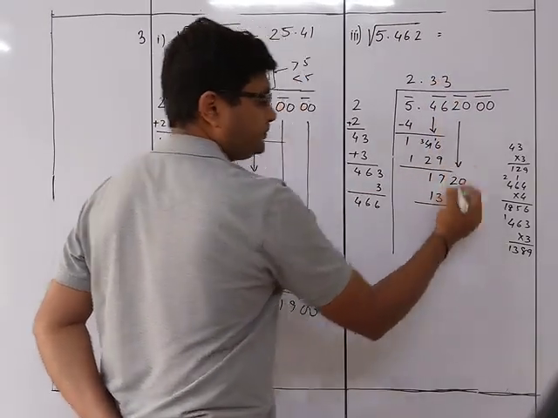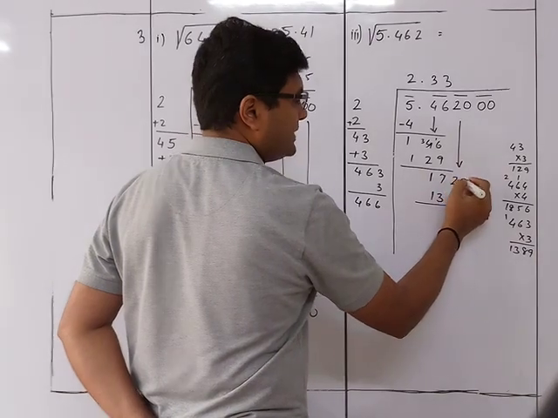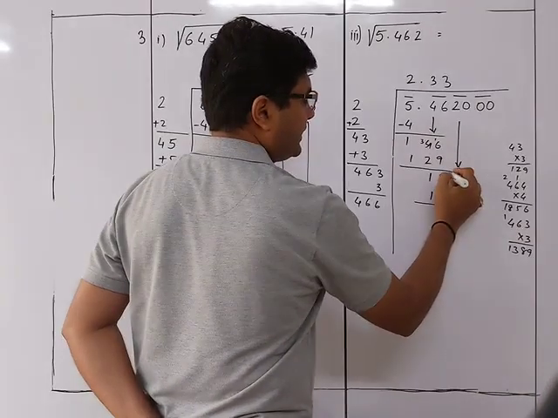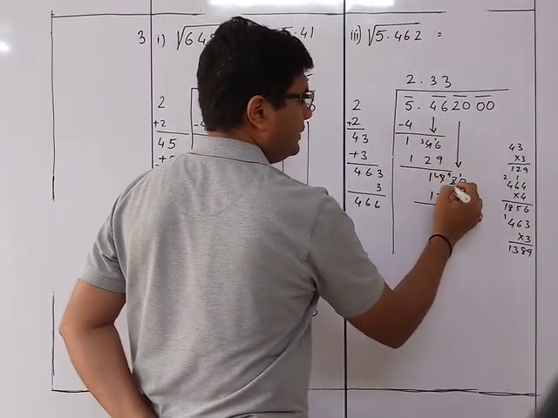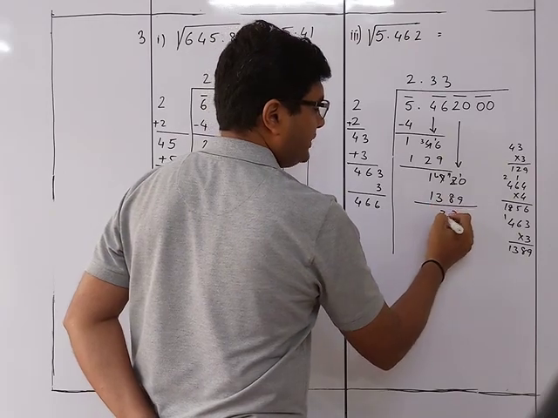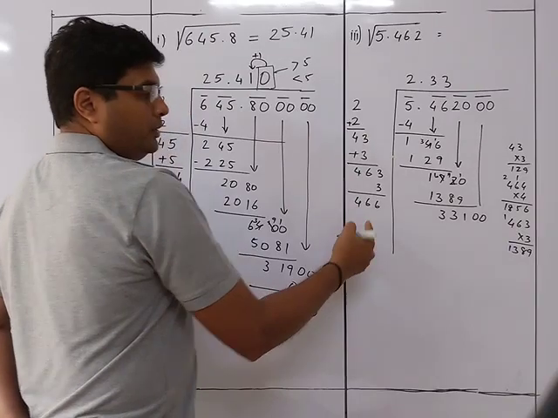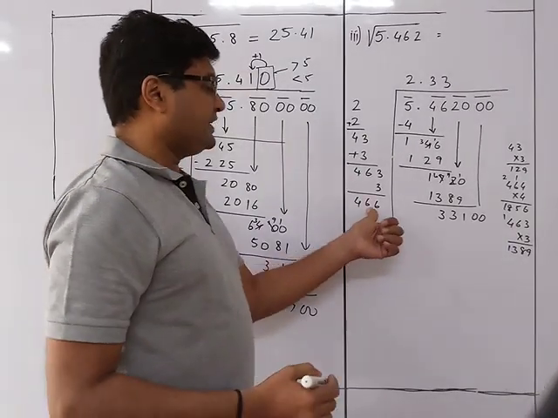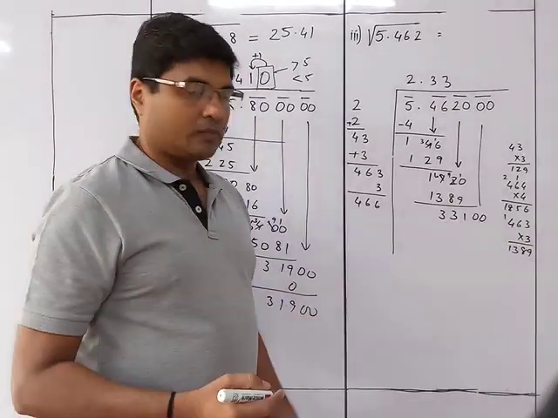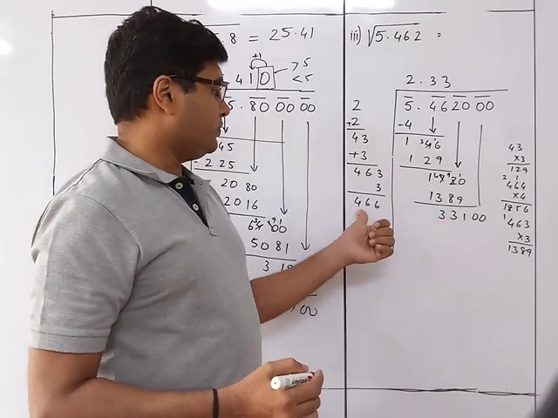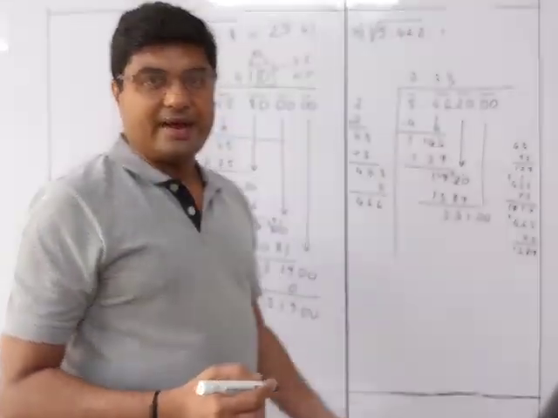So now you get over here 1. So this is again 1161. So 3 and 3, 3 3 1, and then 0 0 comes here. Now you can see over here 466 and this is 33. So 4 and 33, you can try 8.